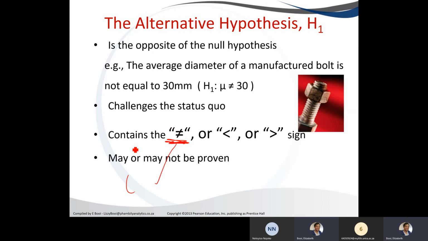So this tells us we're doing a two-tailed test. This greater than or less than, they tell us we're doing a one-tailed test. So when we make a decision, we're going to be looking at two areas of rejection, and with the one tail, we're looking at one region of rejection. And I will take you through all those steps later on.